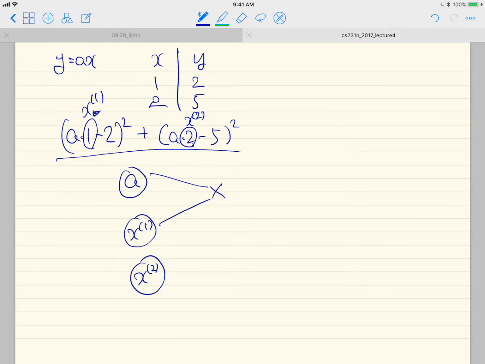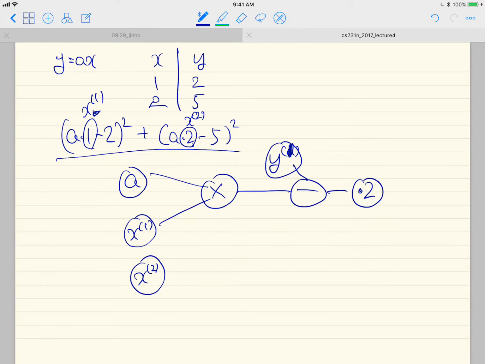And then multiply together, and y1, and take the difference between them and then take the square. Also, this A is connected with the second data item, right?